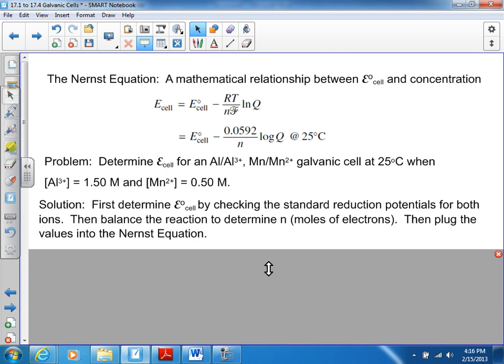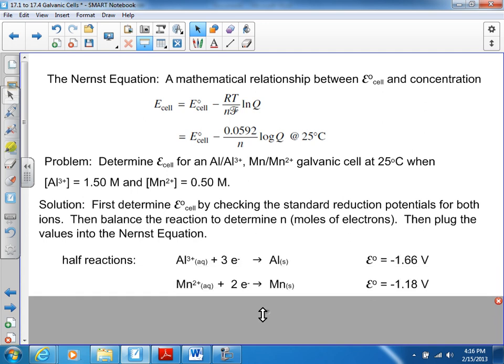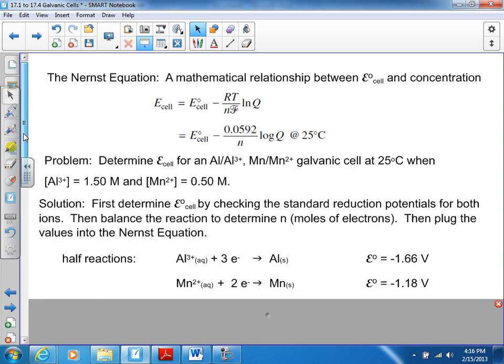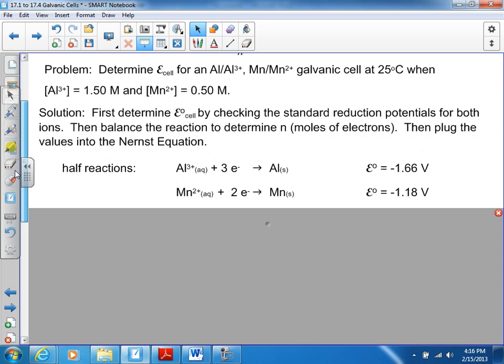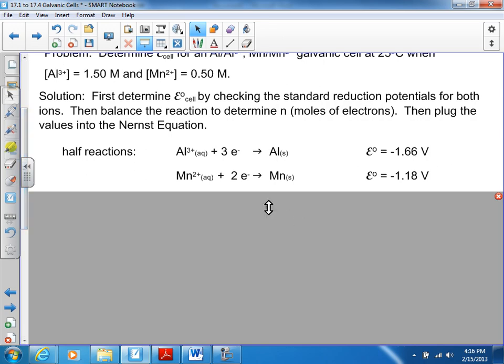So here we go. We look these up. Oh, manganese 2, it's in your book. I'm so sorry, I don't think it's on the sheet that I gave you on the first page. That particular website that I used did not give manganese, so I had to look it up. The AP exam has that value for you, and you will get that in class.